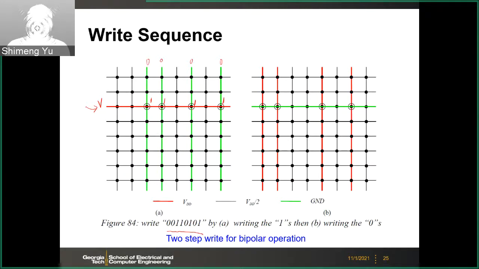You write them in parallel. And then you write the 0s. For the rest, you want to write those to 0. That means you have to ground here and apply voltage from the column side to those cells you want to write 0. So you need to divide that into 2 steps to write this sequence into the array.